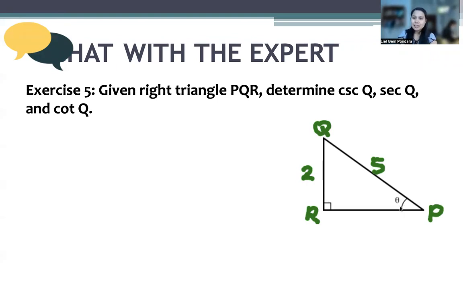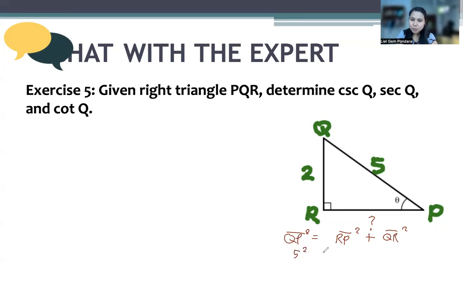Now, QR is given, QP is given, and we're looking for RP. Again, the first technique is you need to complete the measures of the sides of the triangle. So let us find RP. Remember, QP is the hypotenuse, so QP squared equals RP squared plus QR squared.